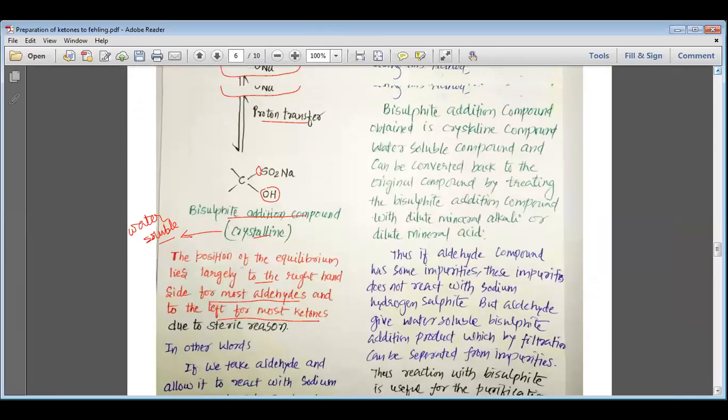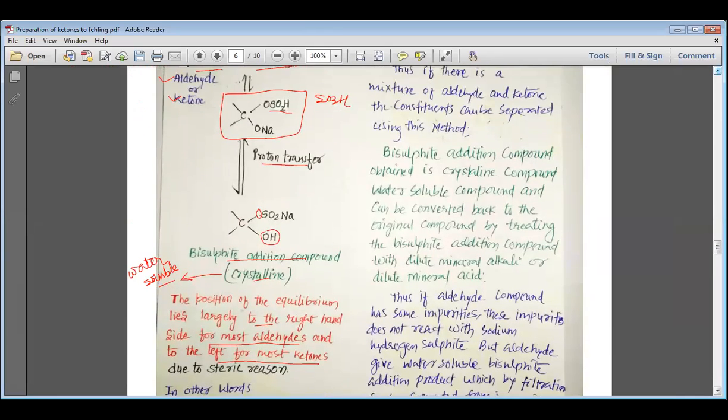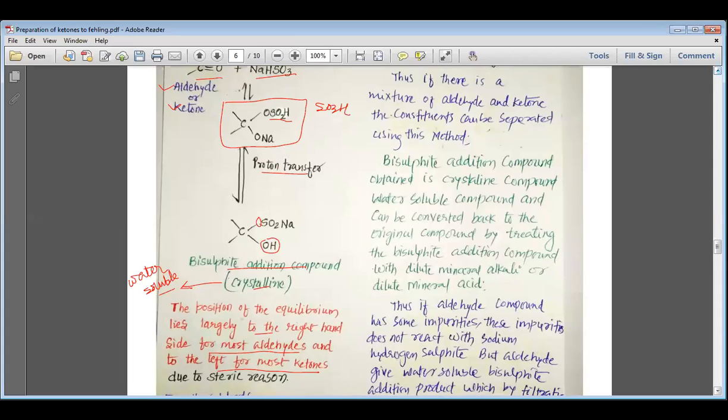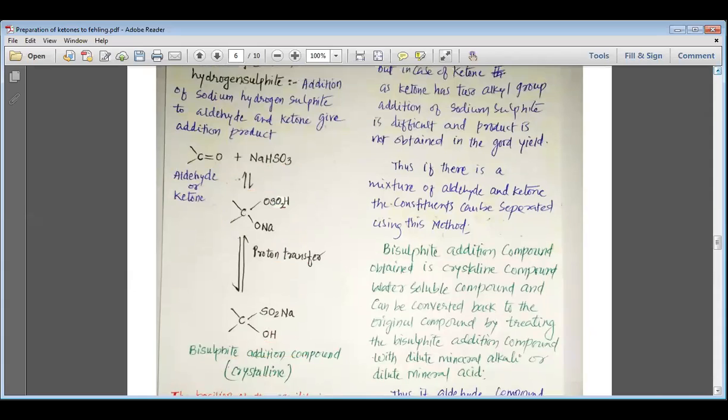The equilibrium I'm talking about is this: we have a particular equilibrium, and you can see here that it goes both ways. If we use an aldehyde here, then we get more product, so the equilibrium shifts towards the product. But if we use a ketone, my dear students, the equilibrium is always shifted towards the left side, that is the reactant side.